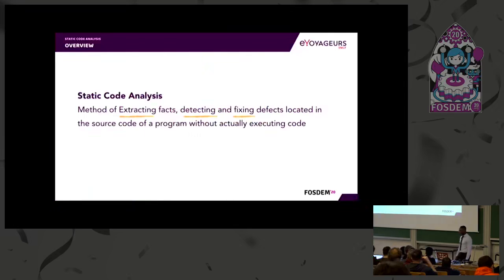Static code analysis. We can define it as a method to extract facts, detect and also fix defects in source code without executing it.